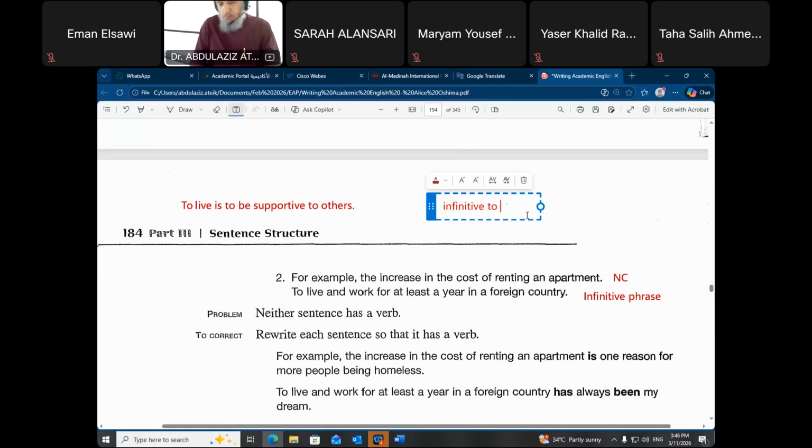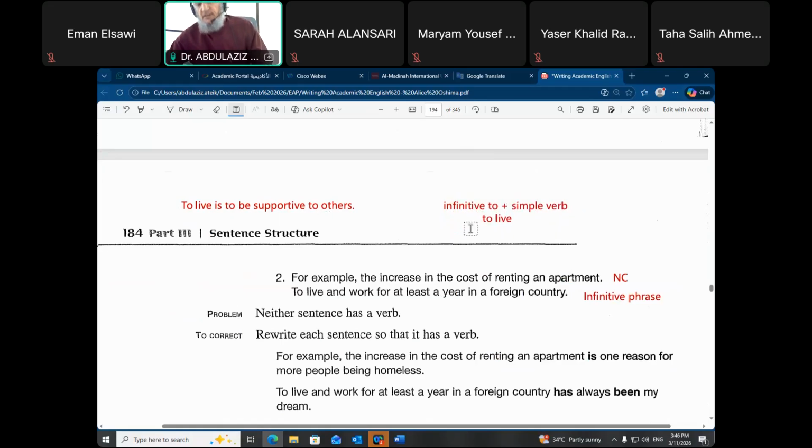Infinitive to plus simple verb, so it becomes to live. They call it infinitive, or infinitive verb. So to live functions like a noun. To live is to be supportive to others.